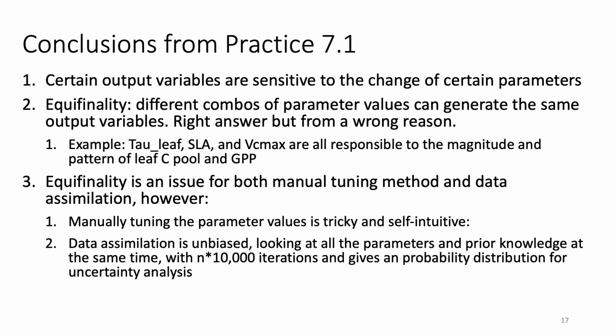Different models or different parameter values of the same model may fit data equally well without the ability to distinguish which models or parameter values are better than others. In another way, a given end state can be reached by many potential means. Equifinality is an issue for both manual tuning method and also data model fusion.